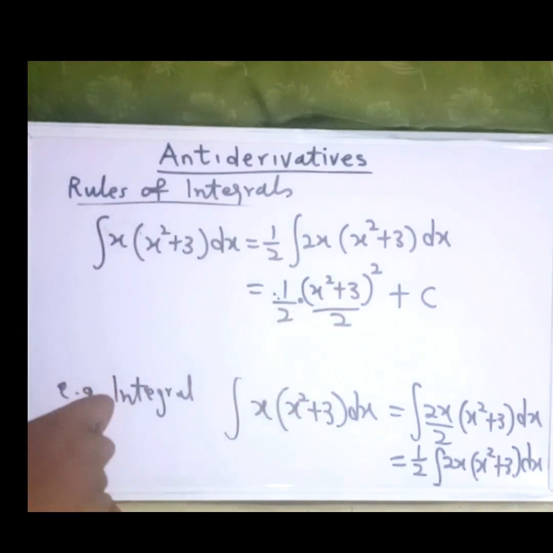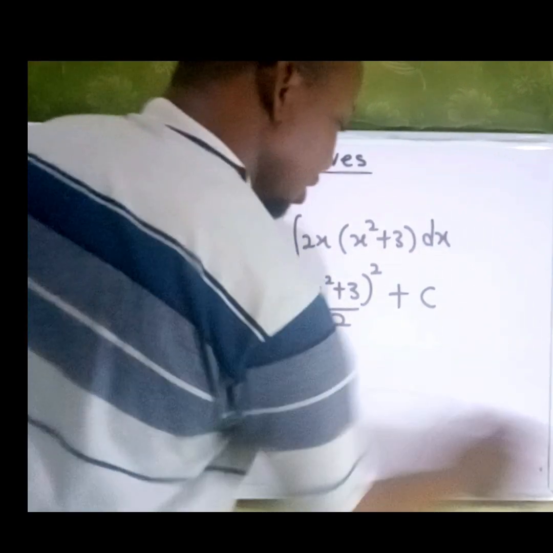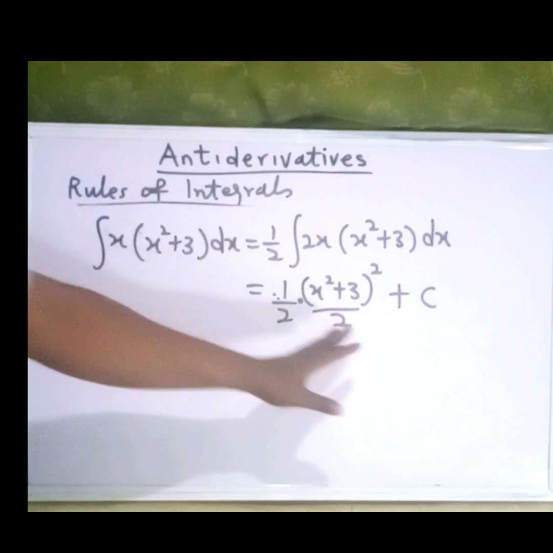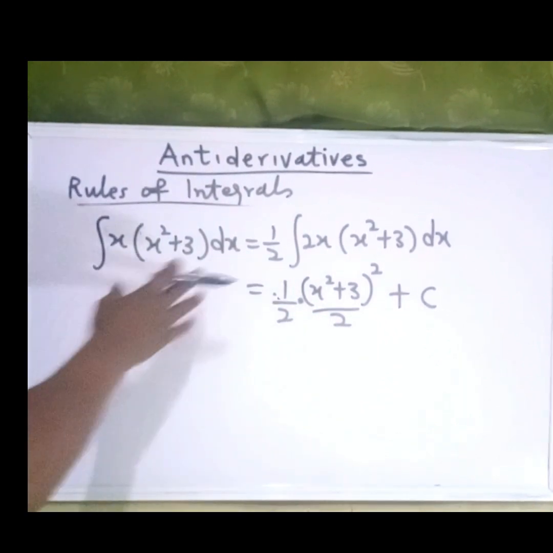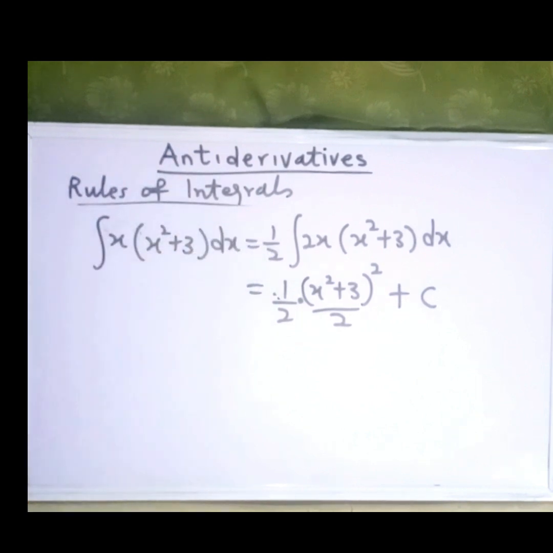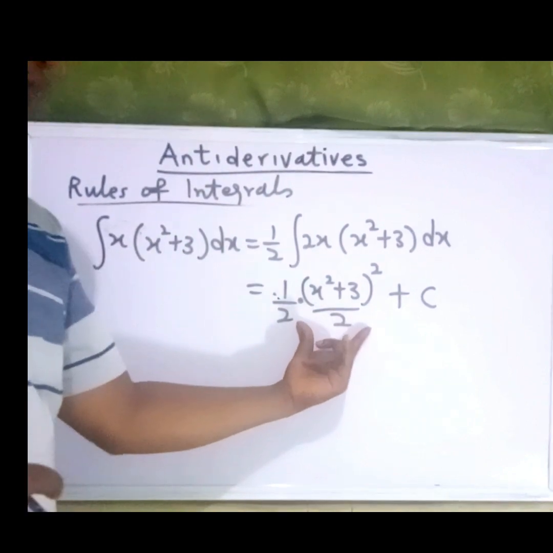Okay, so why do we call this substitution? Let's see how we are able to arrive at this. So we are going from here now. This is what the integration by substitution says that we should do, and we have done it.